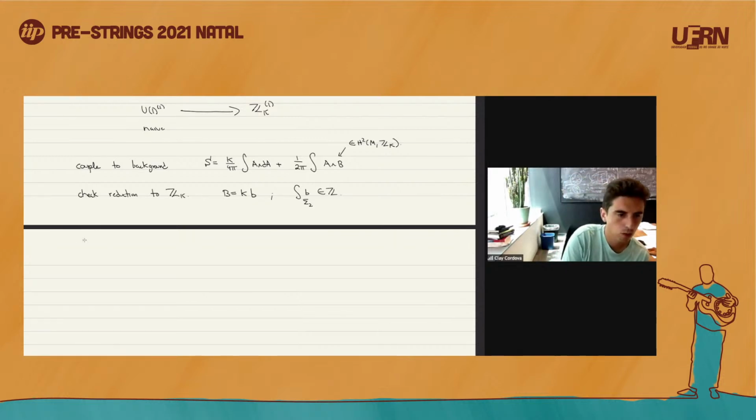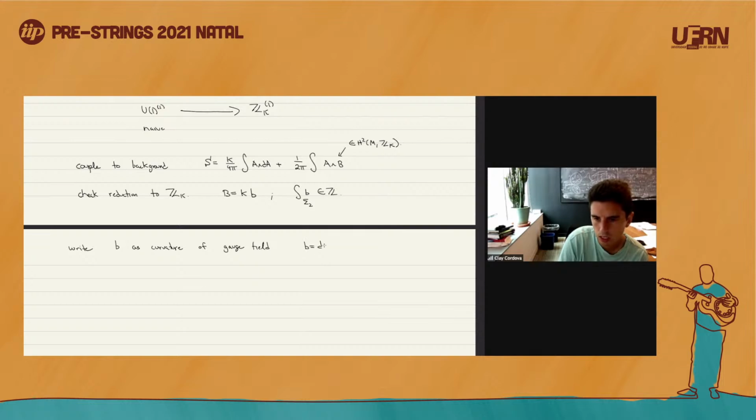So what we do to achieve this is we write little b as the curvature of a gauge field. We can always do this. So I'll write b equals dc, with c some gauge field.